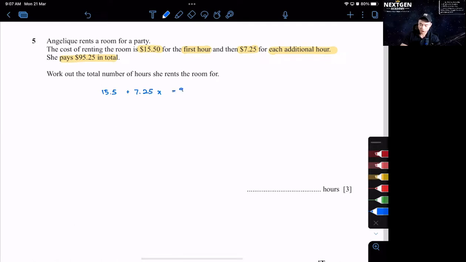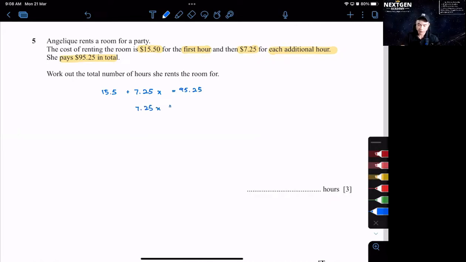And then total she pays 95.25. When you calculate this, because they're asking you for the total number of hours, make sure you add back the first hour. The common mistake I think is you find x already, then you assume x is the answer itself. So what do I mean? Let's go and calculate this first. Let's go find what's x.